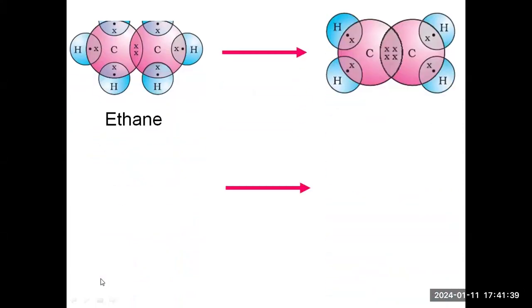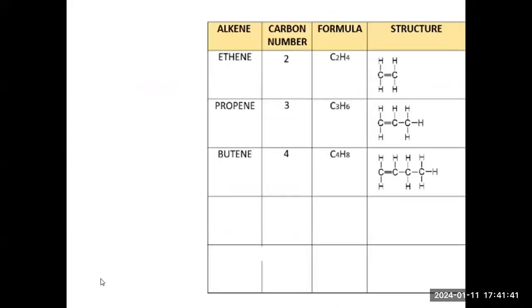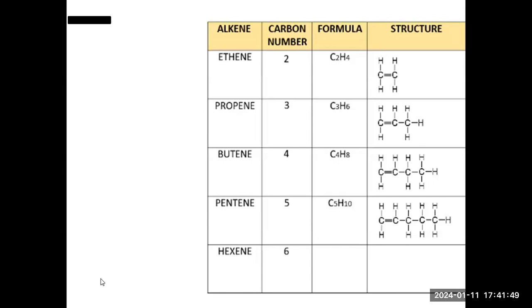We can change propane to propene like this. We can change butane to butene, pentane to pentene, and so on. They all have at least one double bond between them. You can see this is a double bond, a double bond, double bond, this way.